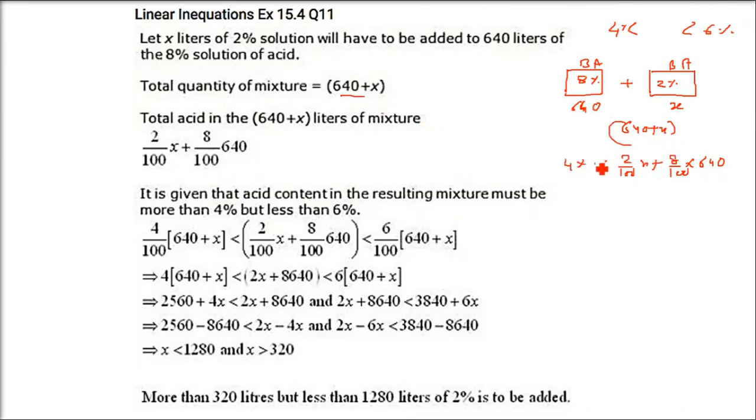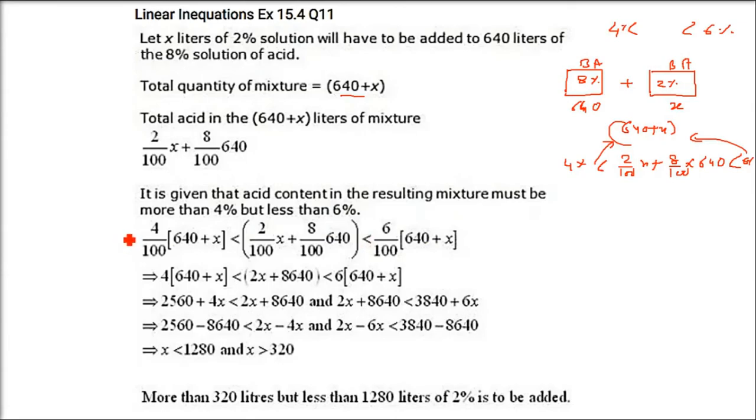But 4% of what? 4% of the actual amount, and 6% of the actual amount. So this is the main thing: 4% of 640 plus x should be less than the expression, and it should be less than 6% of 640 plus x.